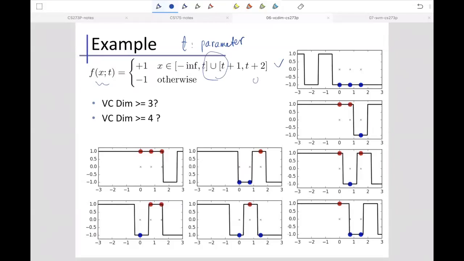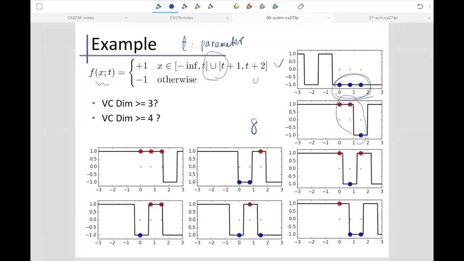And we can demonstrate that this VC dimension is at least 3. Why is this the case? I pick these 3 data points: x1 is 0, x2 is something slightly less than 1, and so on. So that's 3 data points. I can label these 3 data points in arbitrary ways, so there are 8 possible combinations of label assignment on these 3 samples, all 0, and so on through 1, 1, 0.